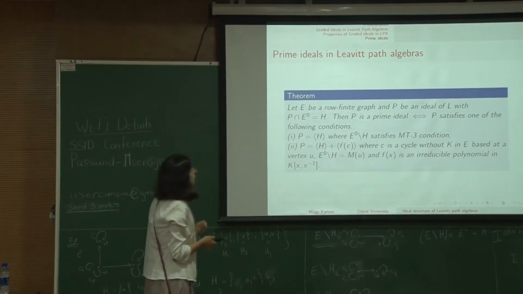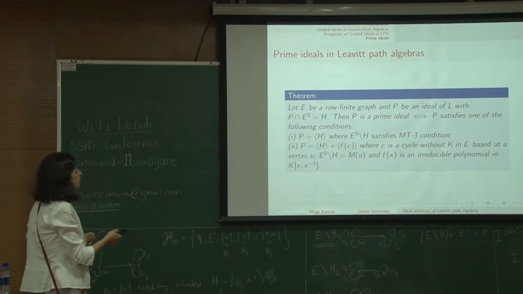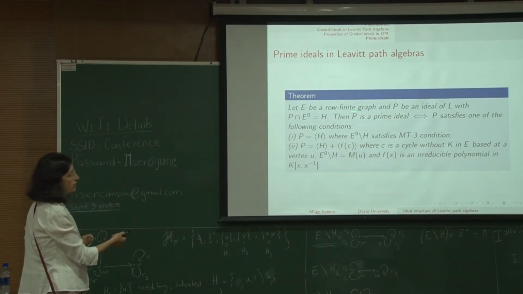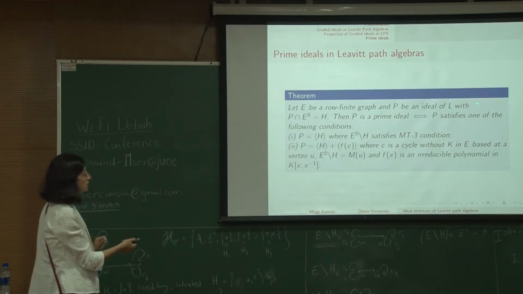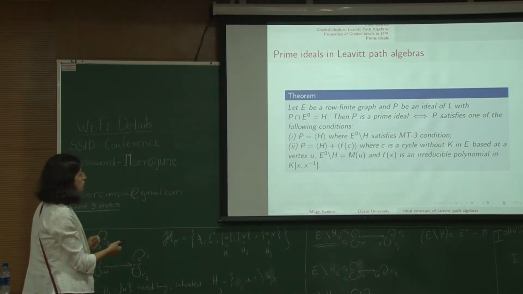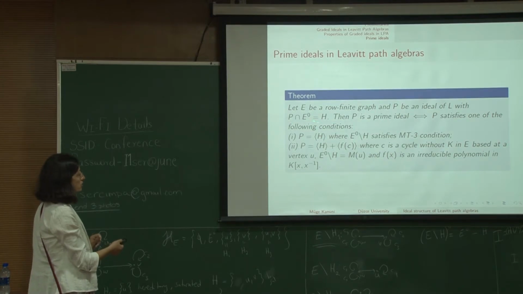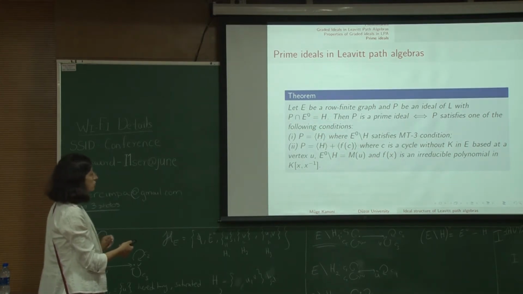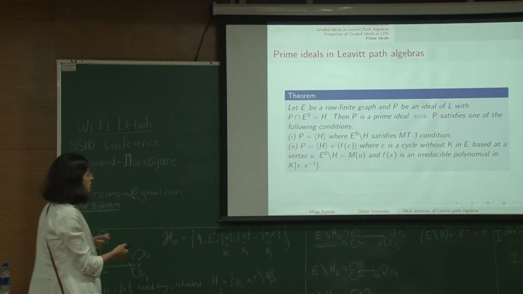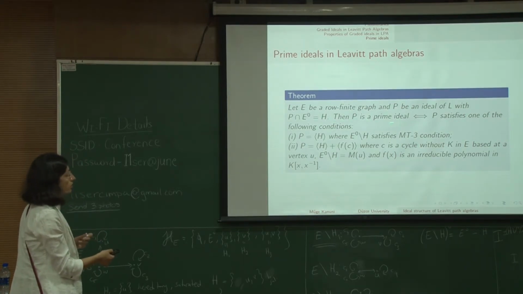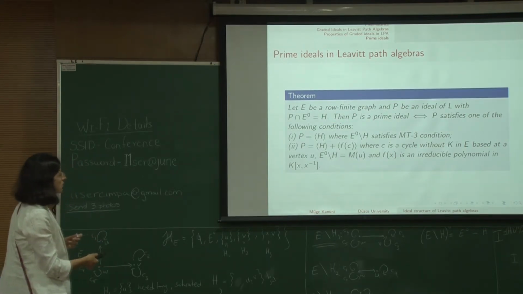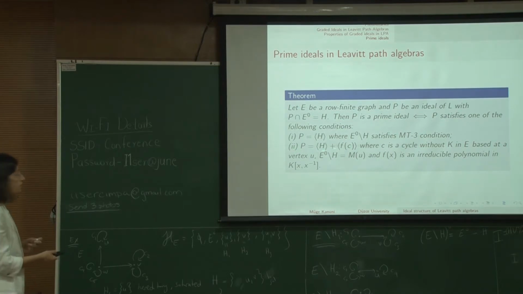Okay? Now, for the prime ideals, we're taking a row finite graph again. P is an ideal whose vertices are denoted by H. Again, H is the hereditary saturated set. P is a prime ideal if and only if it satisfies one of these two conditions.